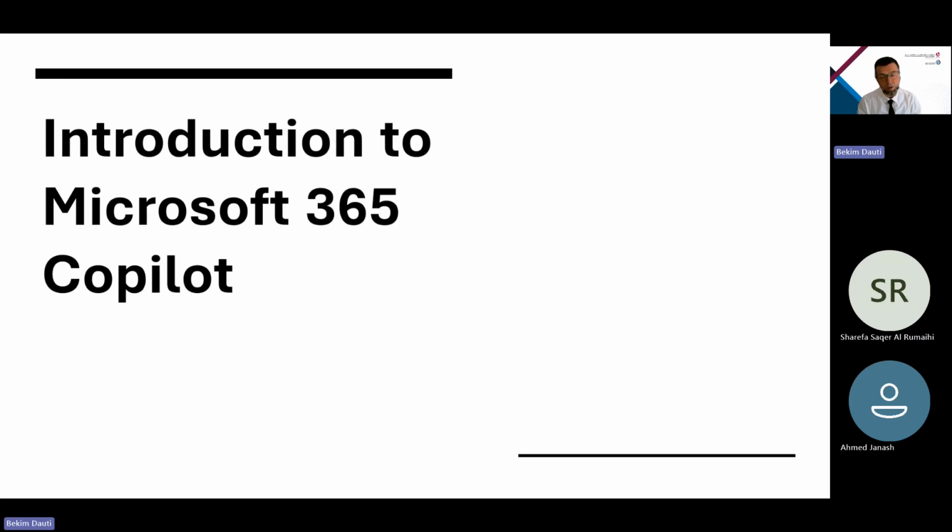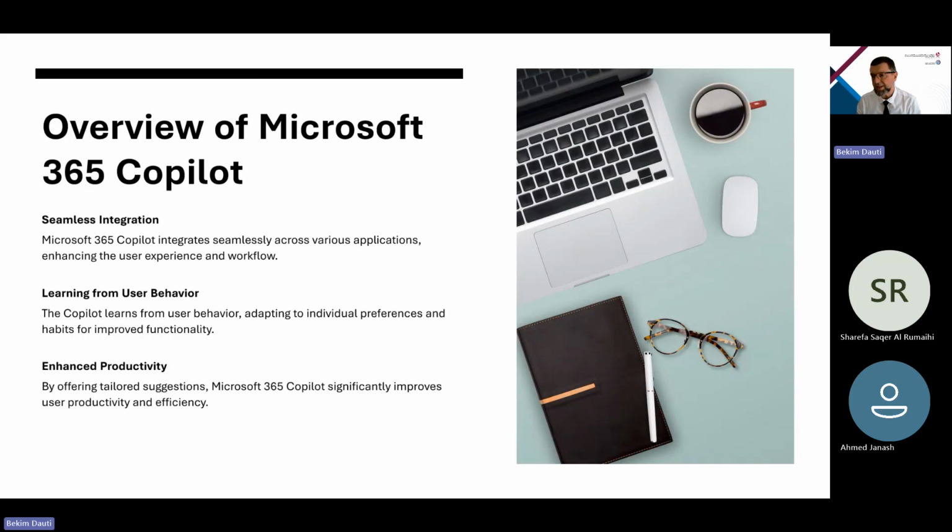Introduction to Microsoft 365 Copilot. Getting to know what Copilot is: the initial understanding is that this is a Microsoft product, an AI model based on the GPT categorization of artificial intelligence models.